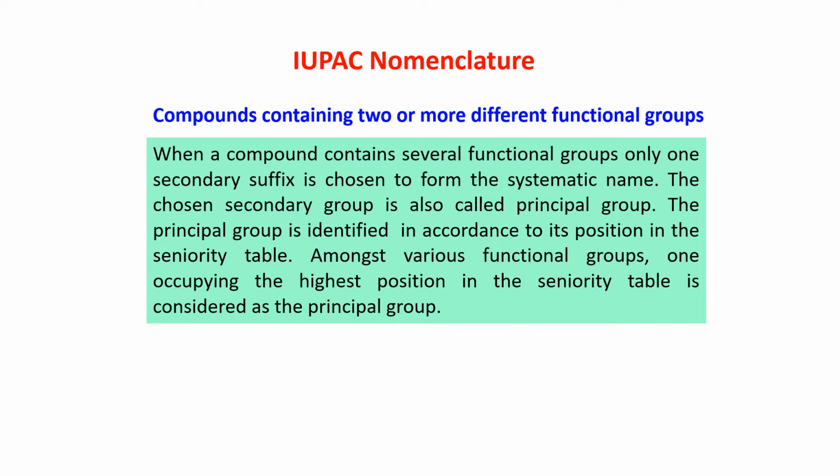The principal group is identified in accordance with its position in the seniority table. I was talking to you about the seniority table. Now the seniority table is given in the next slides. You have to learn that seniority table. Amongst various functional groups, the one occupying the highest position in the seniority table is considered as the principal group.